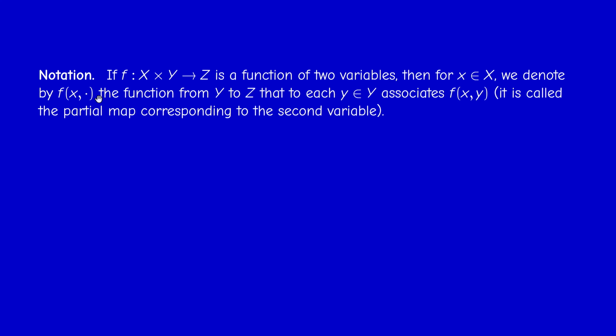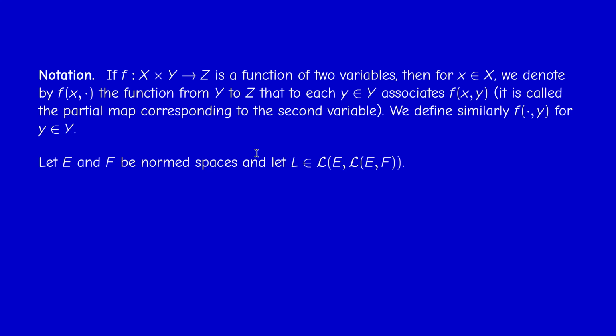So we have a collection of maps actually when x varies. This is just the notation of the partial map. So f of x dot is the map from Y to Z that to each y associates f of x, y. And similarly, I can define f of dot y. This notation is widespread in analysis.